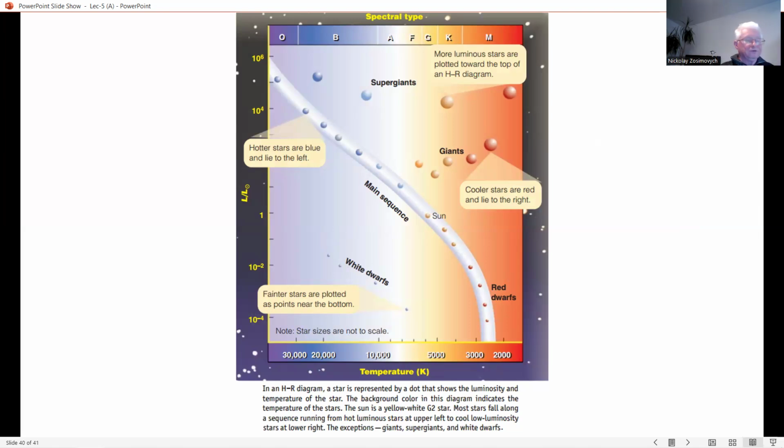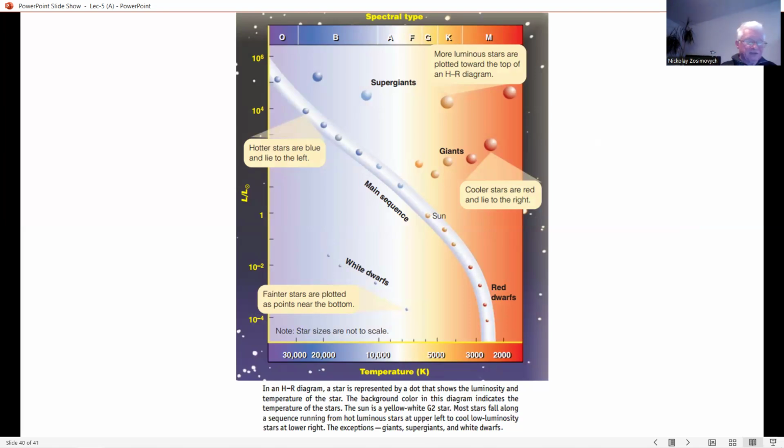Be careful, okay? Furthermore, a star may move in the HR diagram as it ages and its luminosity and temperature change. But such motion in the diagram has nothing to do with the star's motion in space.